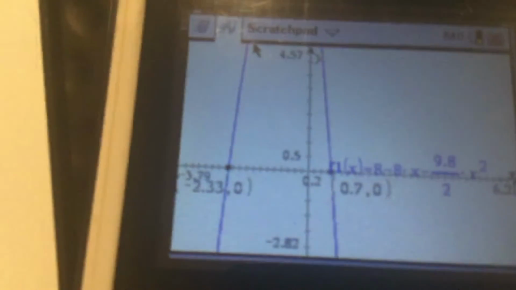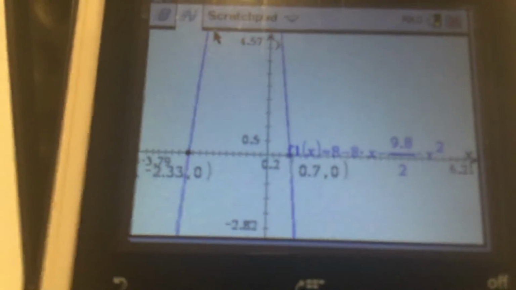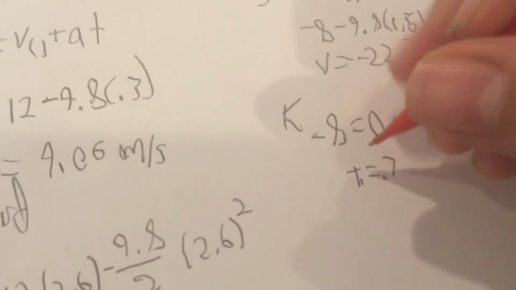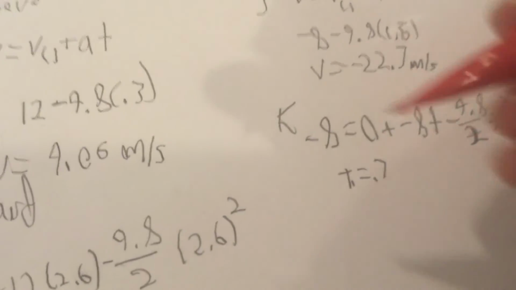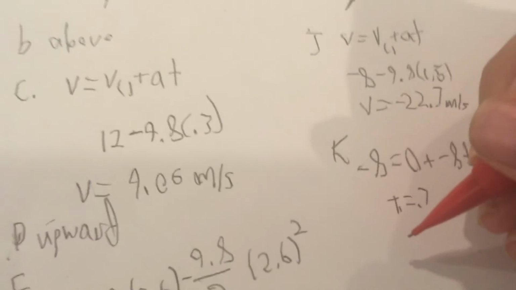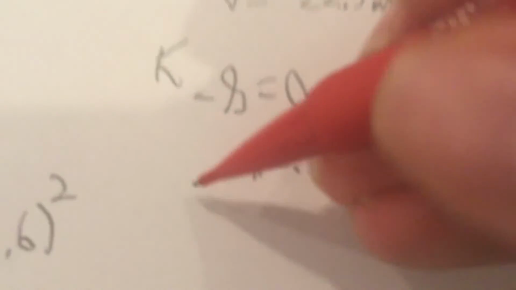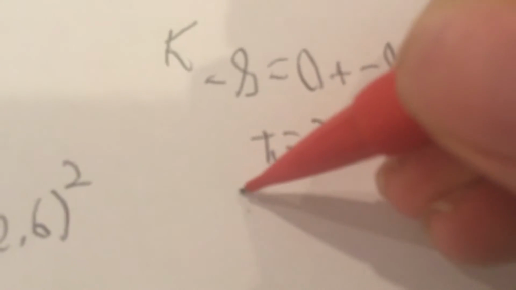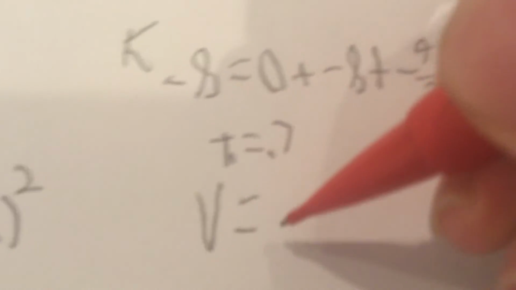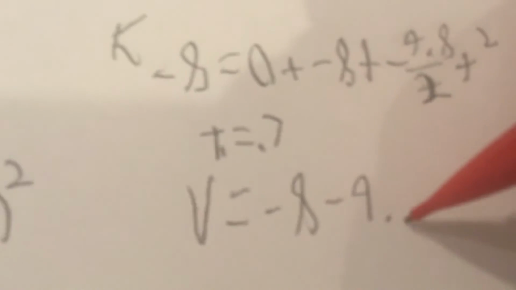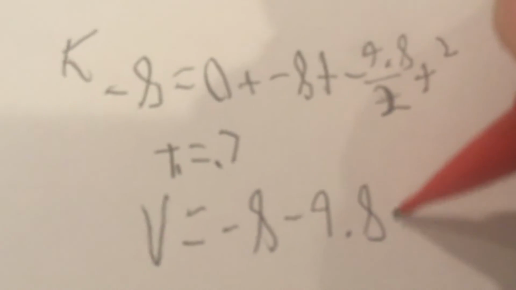Here's the graph, and at 0.7 it intersects the x-axis, so t equals 0.7. Now we plug 0.7 back into the equation, and we will get -8 minus 9.8 times 0.7.